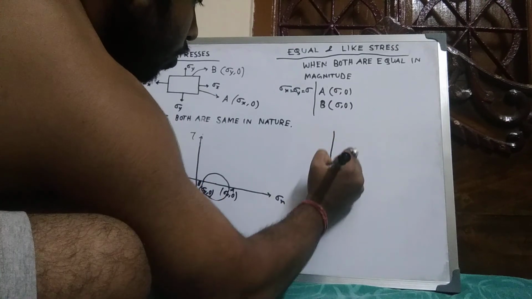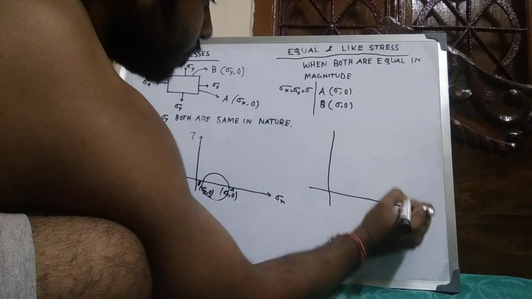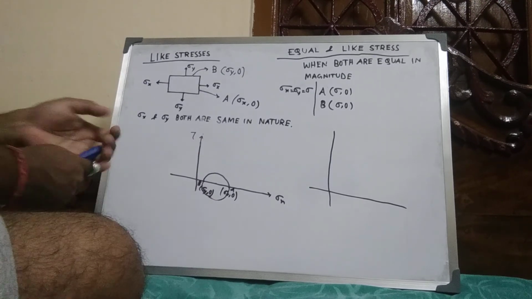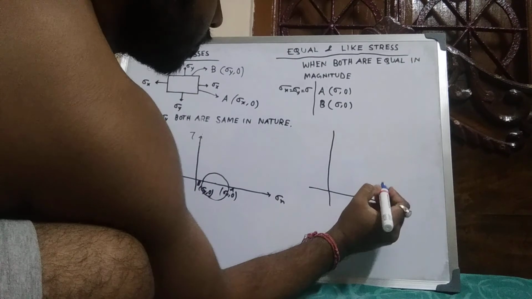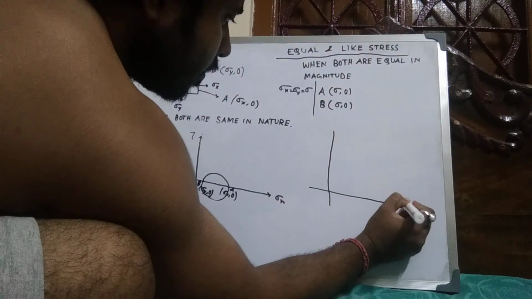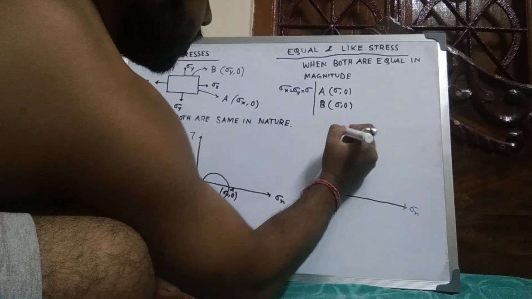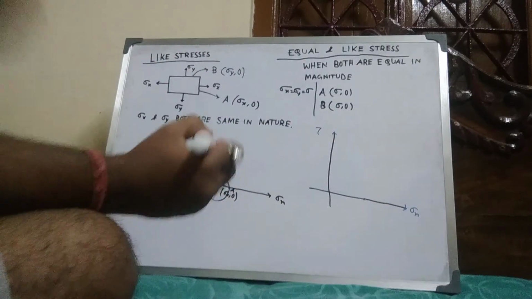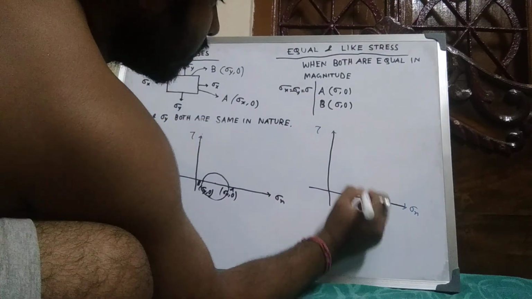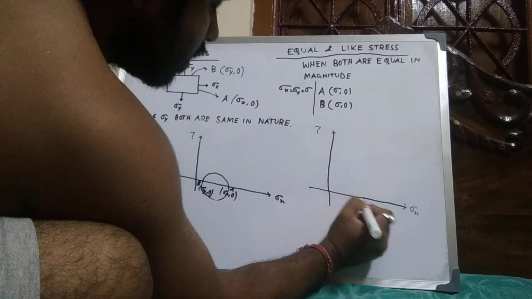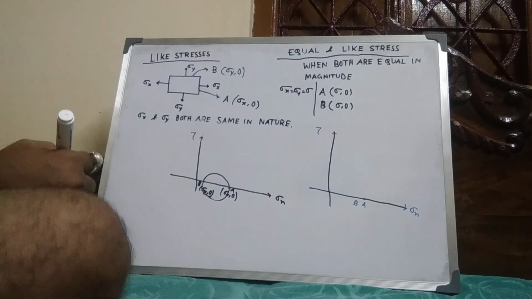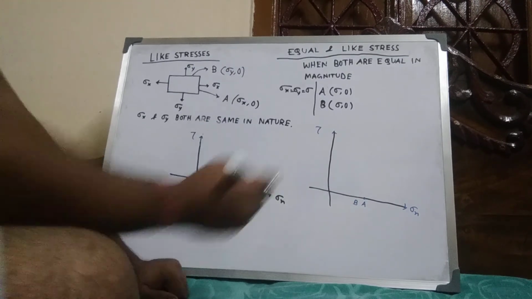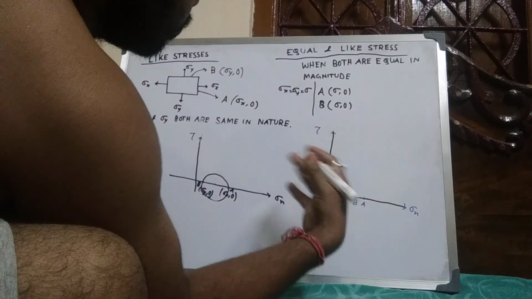Drawing the Mohr circle, plane A and plane B are the same. We can say that for equal and like stresses, the Mohr circle reduces to zero.